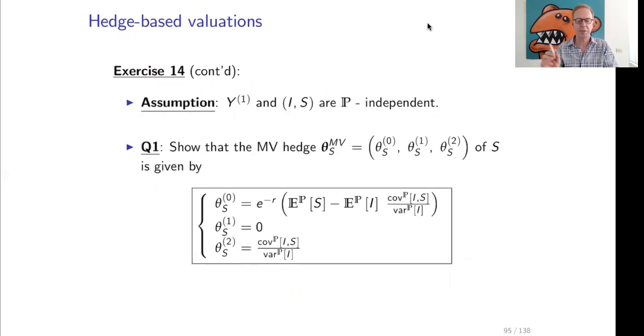First question that we have to answer: show that the mean variance hedge of S, so of the number of survivors in the insurance portfolio, is given by this trading strategy, theta 0 of S, theta 1 of S, theta 2 of S. Let us first prove that this is indeed the mean variance hedge for the insurance portfolio liability, and then after that we will give an interpretation to that.